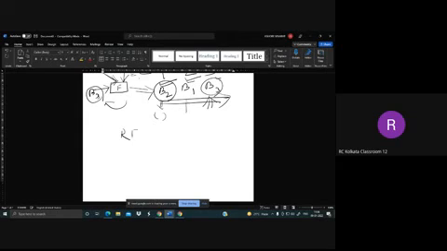Sequential means one after another. Whichever job comes first will be executed here, then it will be executed here. Two sequential stations with respective rates of 1 per hour and 2 per hour.